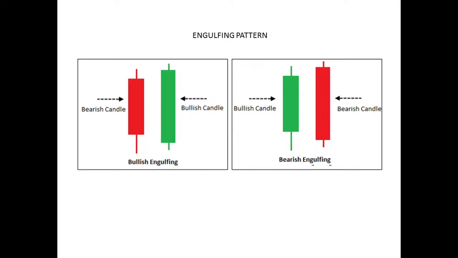So we can say A has engulfed B or B has engulfed A. It's just like a father and a baby. Comparing the height of the father and the baby, you can say the father has totally engulfed the baby. That's another example of what we call engulfment.